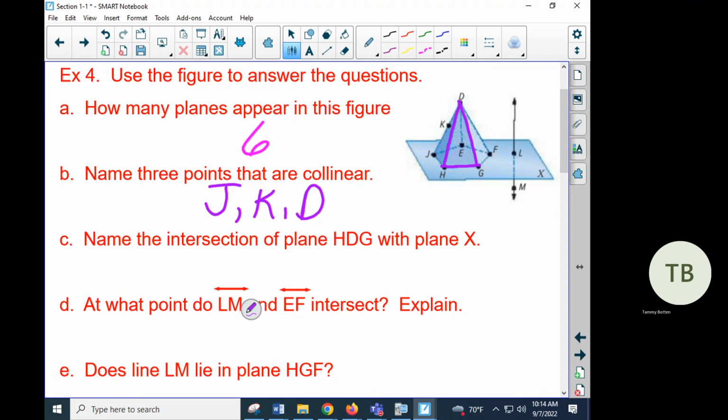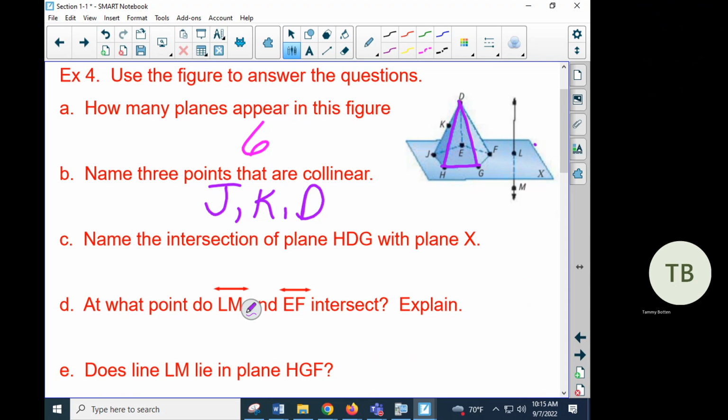Basically in geometry, any flat surface is a plane. So that's an example of a plane that is not drawn as a perfect rectangle just because it's triangular in shape.